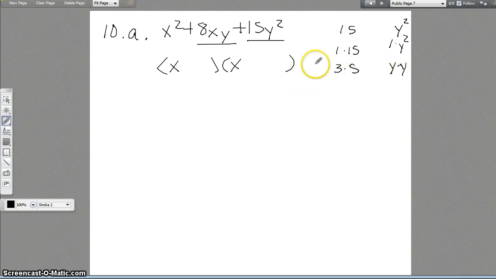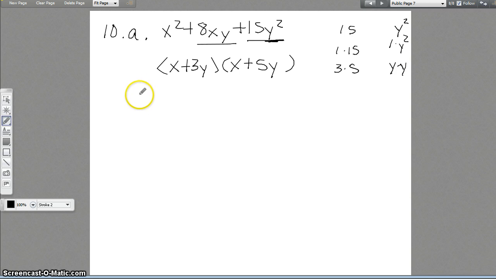We need a pair of numbers that multiply to 15 and add to 8. 1 plus 15 is 16, so that doesn't work. But 3 plus 5 is 8. So we're going to write x plus 3y and x plus 5y. We need the y in there to fill this y squared at the end.